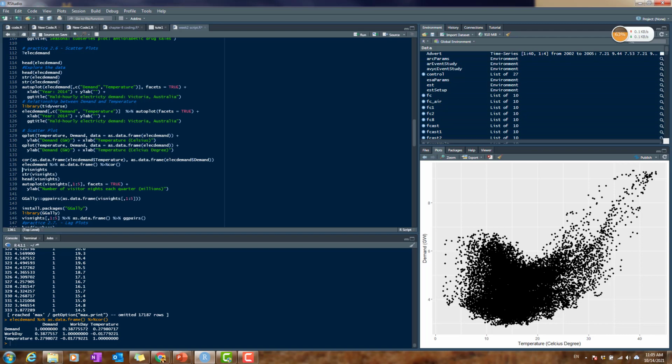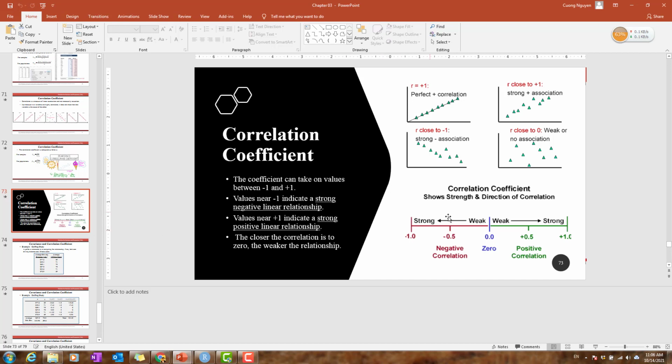Let's see how they are correlated. So remember the correlation coefficient. We have learned it in the previous section, like in probability and statistics, or in the foundation of business analytics. So I'll just briefly talk about that. The correlation coefficient jumps between -1 and +1. If it is very close to +1, a positive number, of course they have a positive relationship.